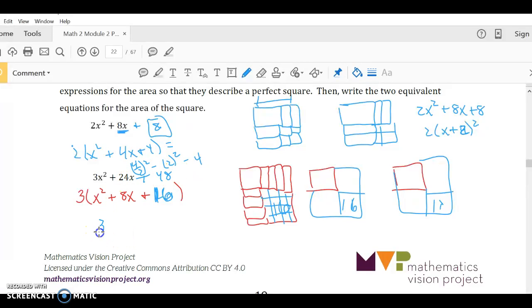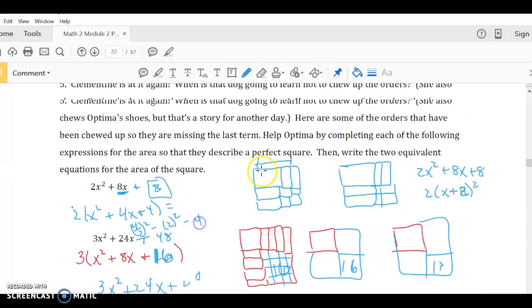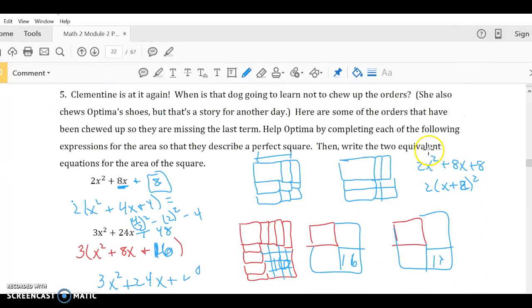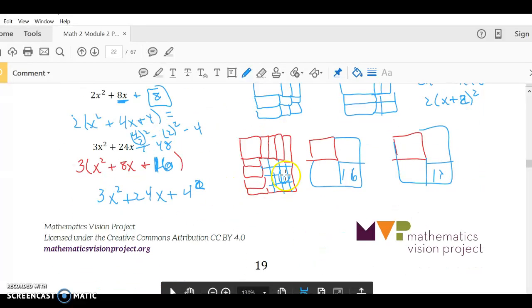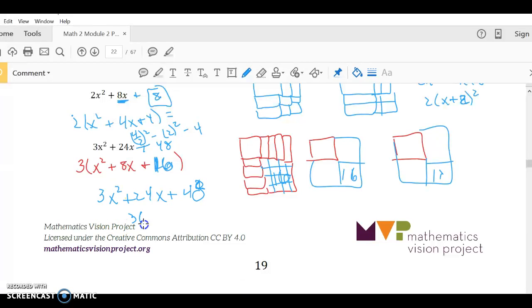So two equivalent expressions here: 3x squared plus 24x plus 48, or you could do 3 times x plus 4 all squared.